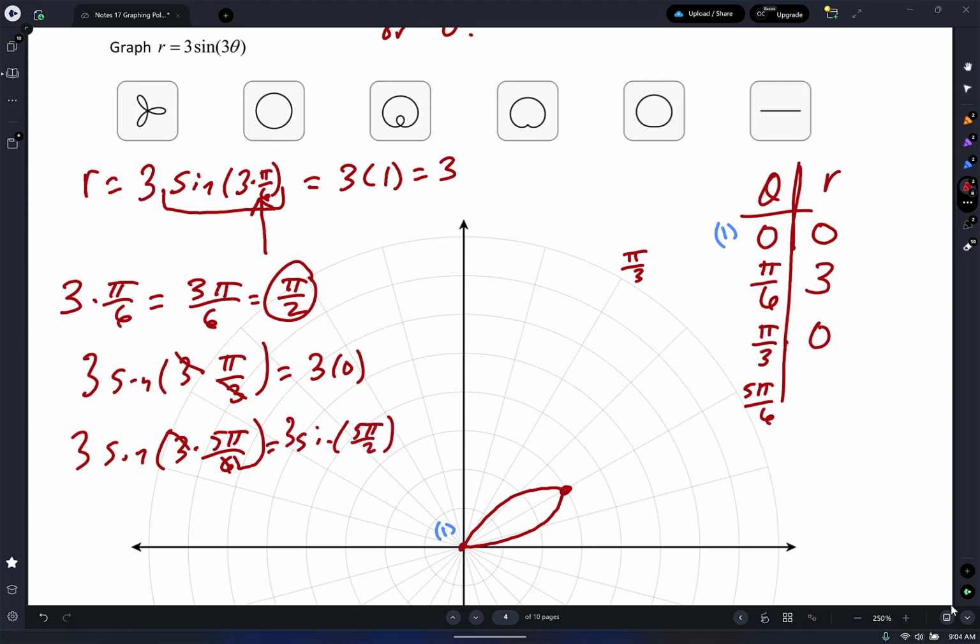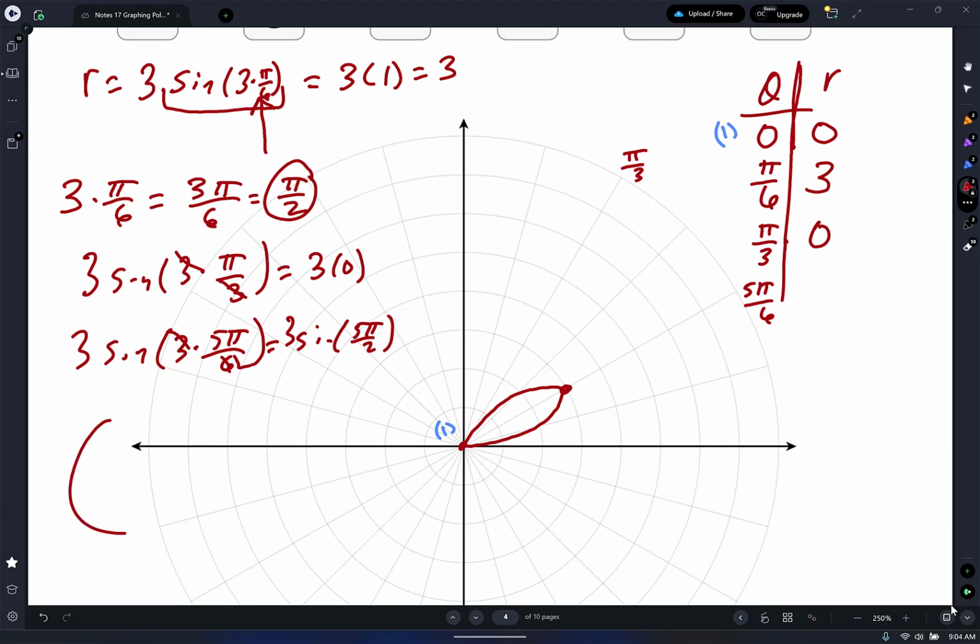And in case you don't remember, sine of 5 pi over 2 is in fact 1 because this is pi over 2, this is 3 pi over 2, and then here's 5 pi over 2 on the unit circle, and then 7 pi over 2, see? So sine of 5 pi over 2 is also 1. 1 times 3 is 3. So it's going to look like, let's see, 5 pi over 6, the second one from the negative x-axis. And 1, 2, 3, point. And it's going to look like this again.